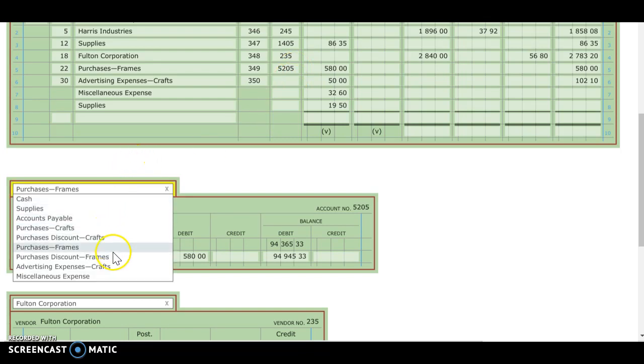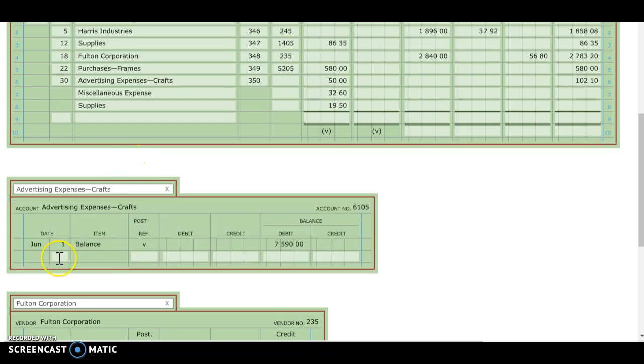Advertising expenses, crafts. The date is the 30th. CP6. We have a debit of $50. The new balance then is $7,640, and account number 6105 goes back up.